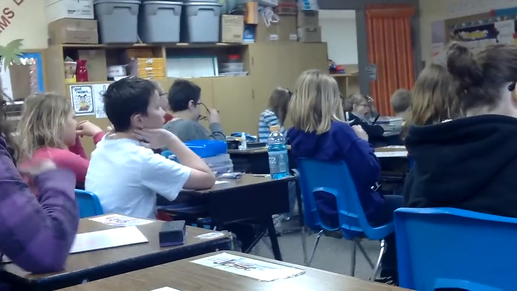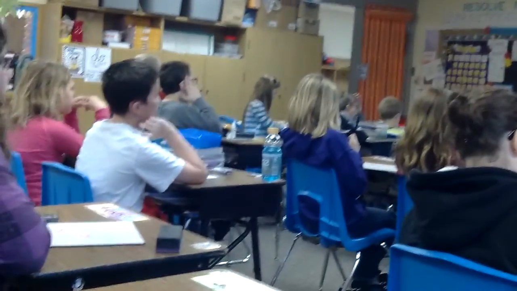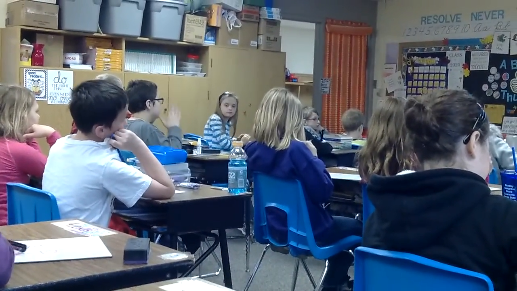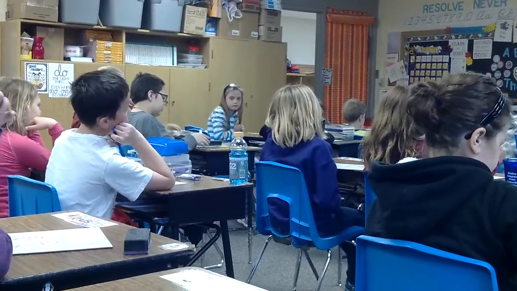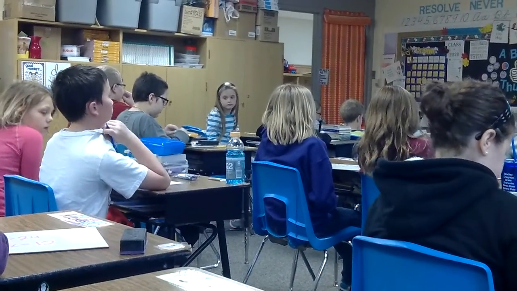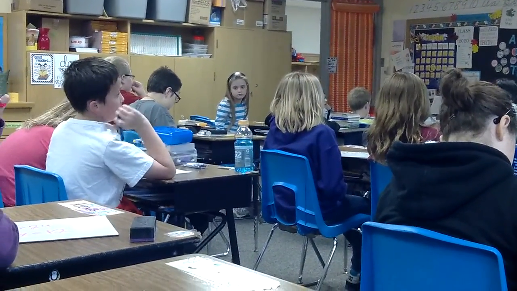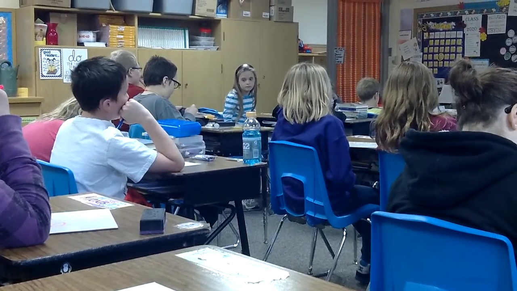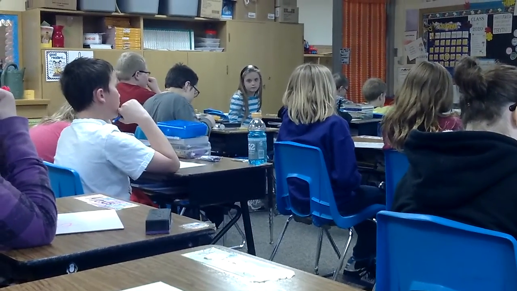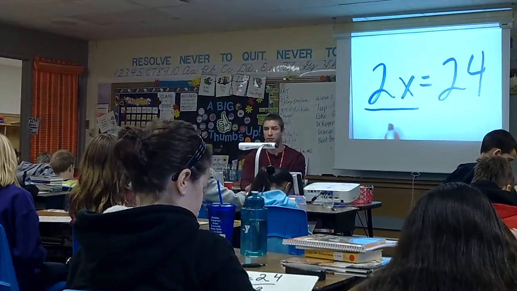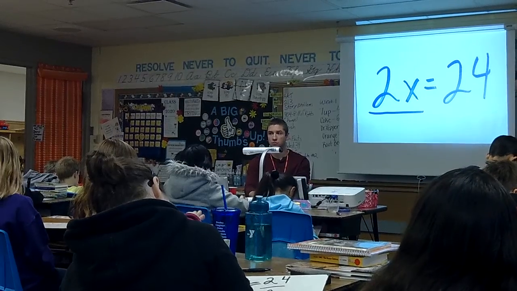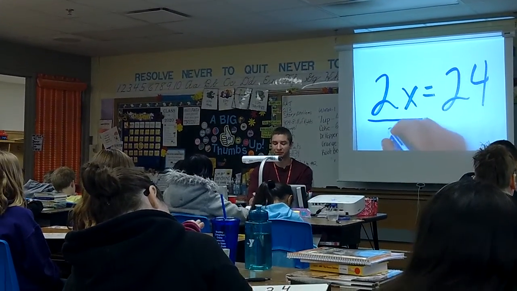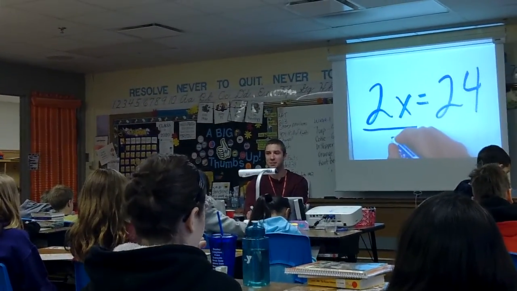Yep. So I take the opposite, so it's dividing. Okay. So on this side? I did 24 divided by 2, and that's going to be. Well, what did you do to this side? I didn't do it that way. You guys are skipping a step.